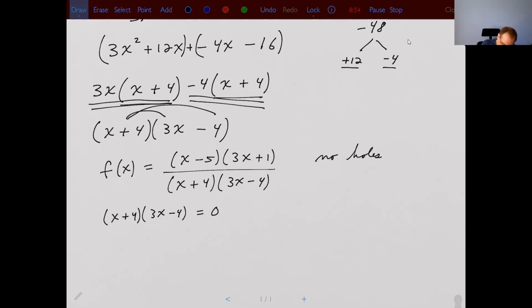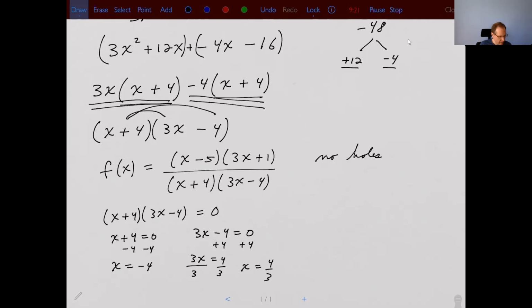So one possibility is x plus 4 equals 0, and that gives the solution x equals negative 4. The other possibility is 3x minus 4 equals 0. So if I solve for x here, I get 3x equals 4, so x equals 4/3.